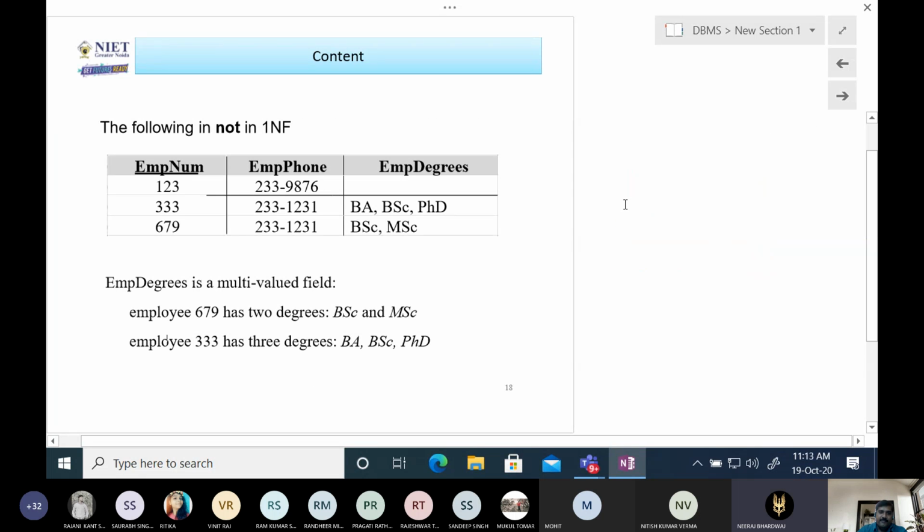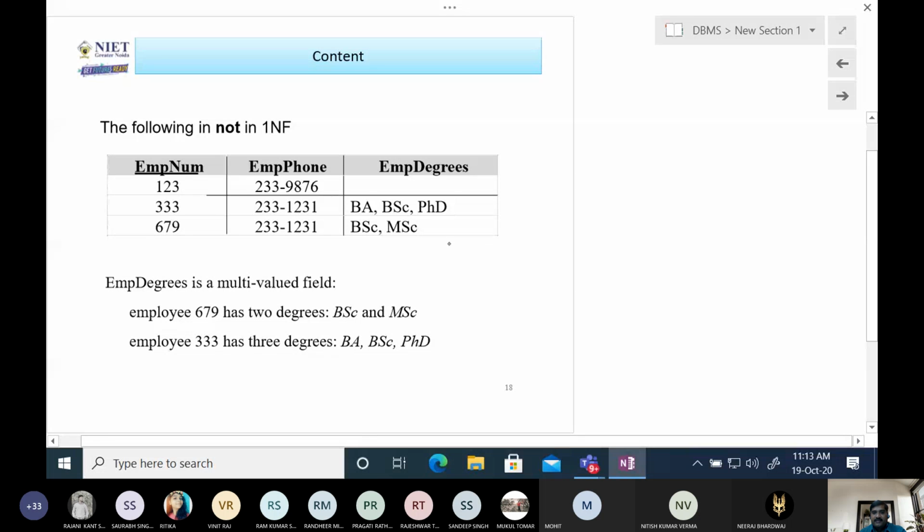Then see this table. Please let me know whether this table is in first normal form or not in first normal form. In this employee table, there are 3 columns: employee number, employee phone and employee degree.